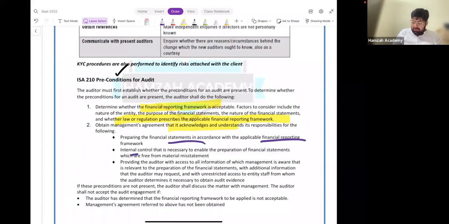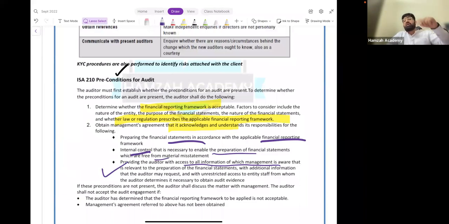Internal control to enable preparation of financial statements is their responsibility. And it is the responsibility of management to provide the auditor all information required for audit, whatever staff I have to interview, whatever accounting records I have to see.